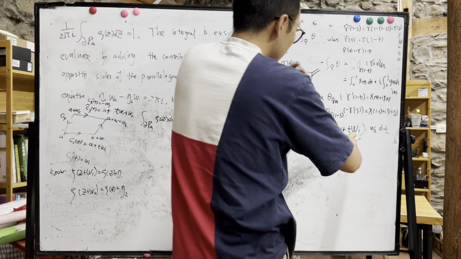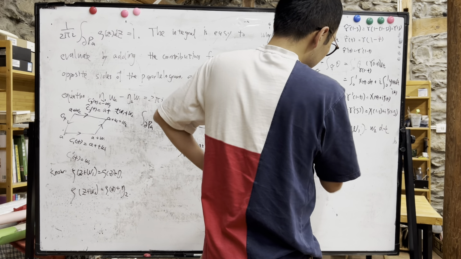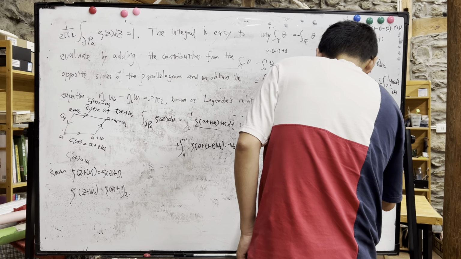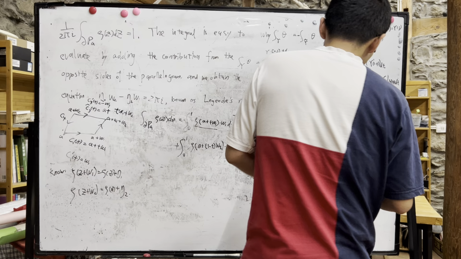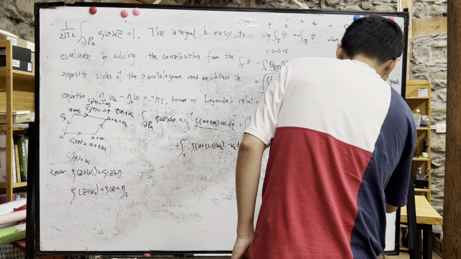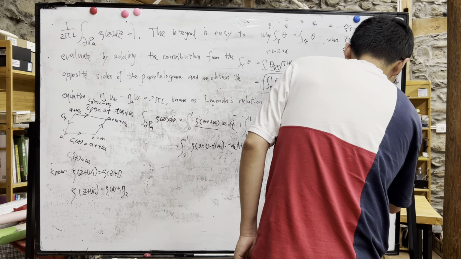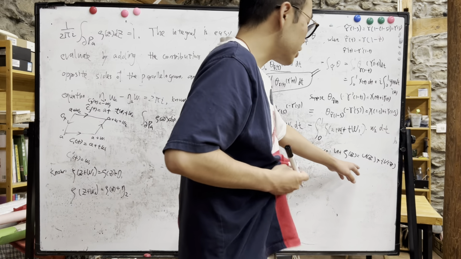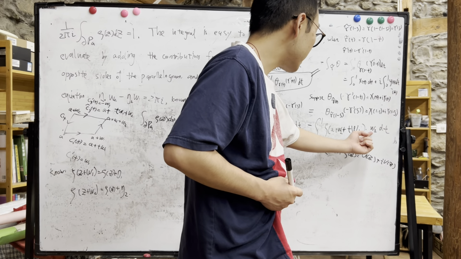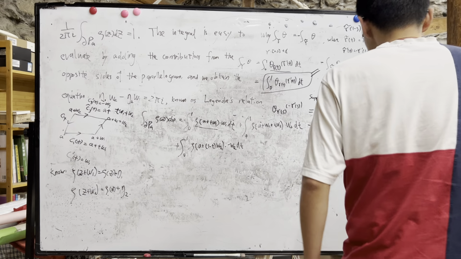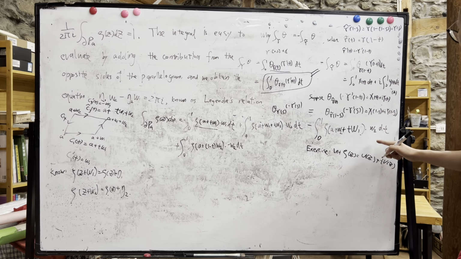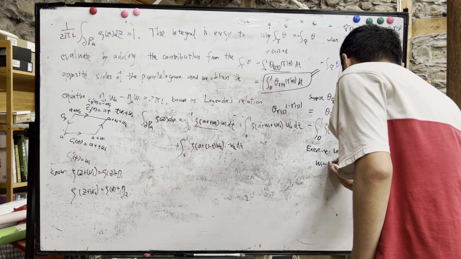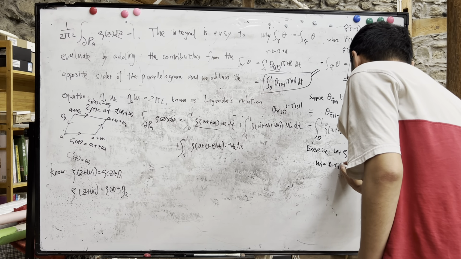Namely, I think what's really going on is that we let zeta of z be equal to u of z plus i v of z, right? And then we do the change of variable, and we separate this omega 1 into the real part and the imaginary part, let's say x1 plus i y1, right?